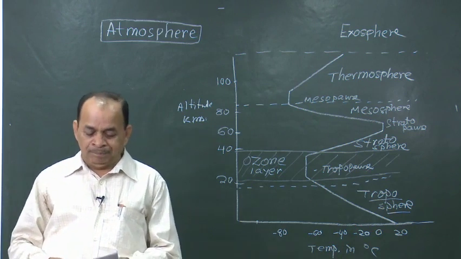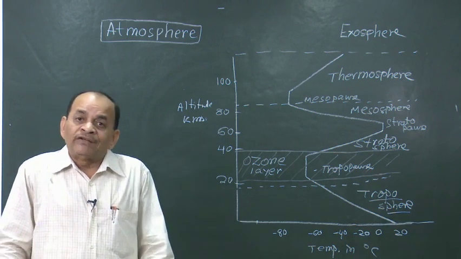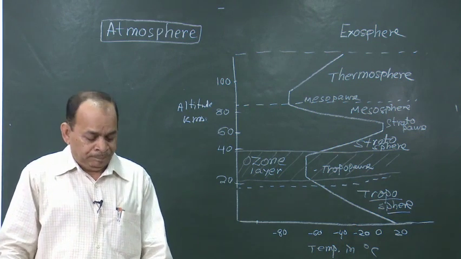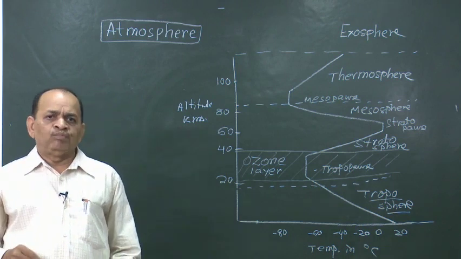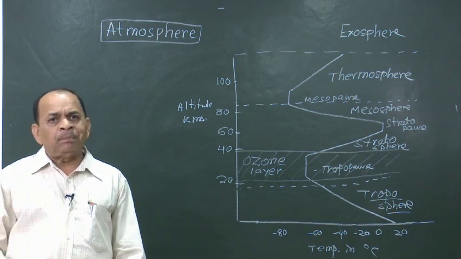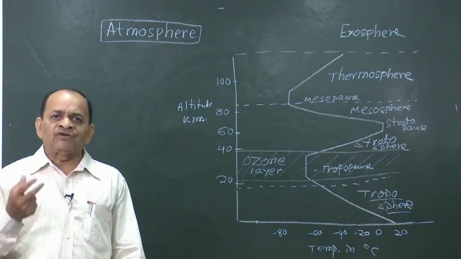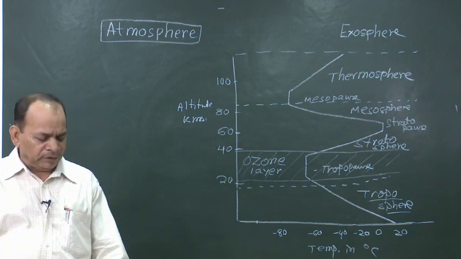This is where all weather occurs. Clouds form in this area, and precipitation falls, meaning rainfall occurs, because there is cloud.